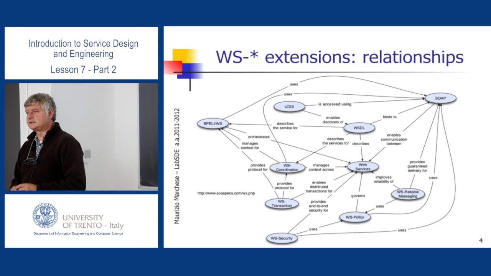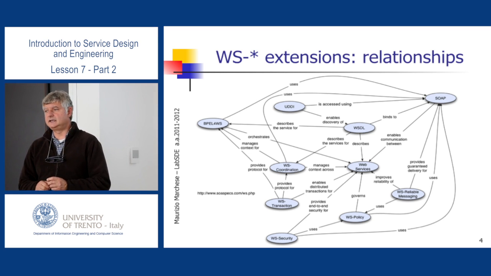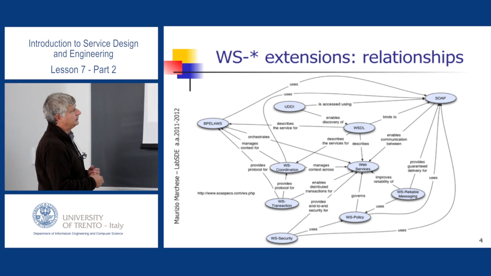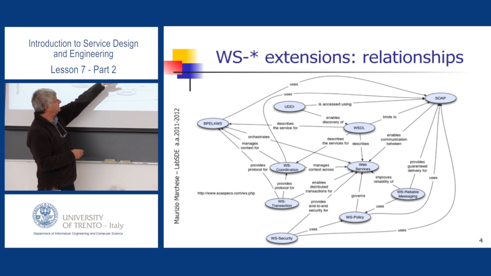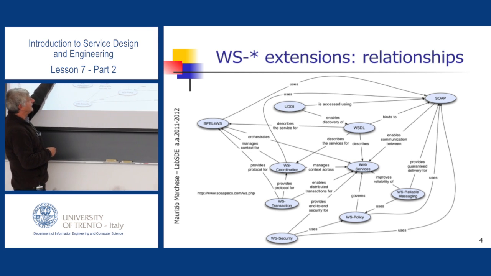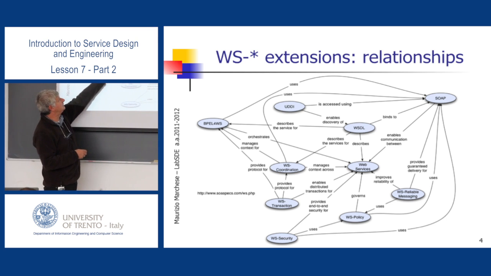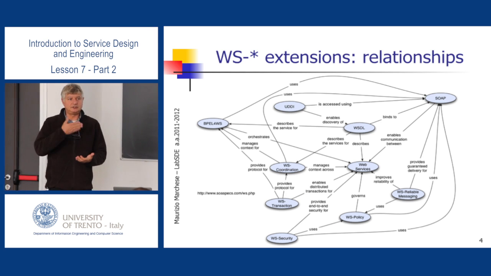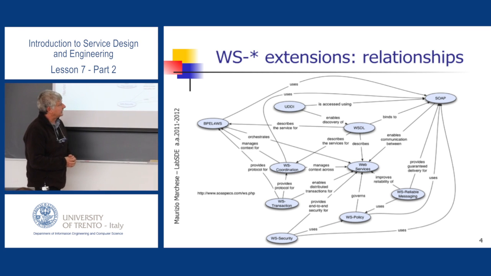I want to show you this picture because it could help you, if there is the need, to select the various components. It's a kind of hierarchical relationship diagram in which you have at the center the web services. We have covered SOAP, WSDL, and UDDI, and then you have this group of services which goes from the coordination, which is related to the business processes, to the transactions, which are related to some specific kind of application in which you really need transactional properties because of laws and accounting.